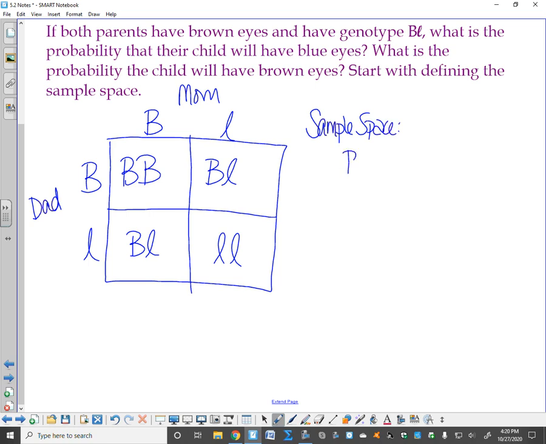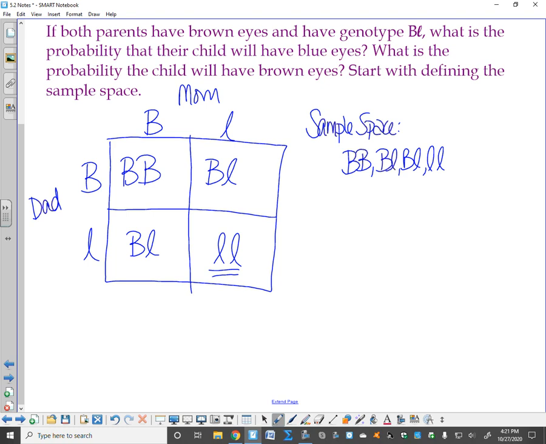My sample space is BB, BL, BL, and LL. What's the probability that the kid's going to have blue eyes? Well, B is dominant. So if B is in the genotype, that kid's going to have brown eyes. So the only way this kid's going to have blue eyes is right here.